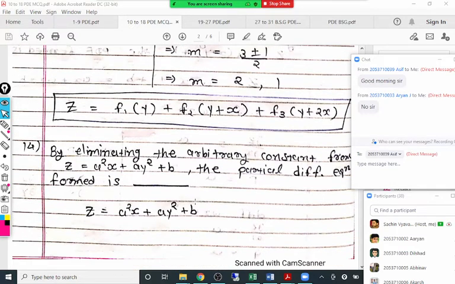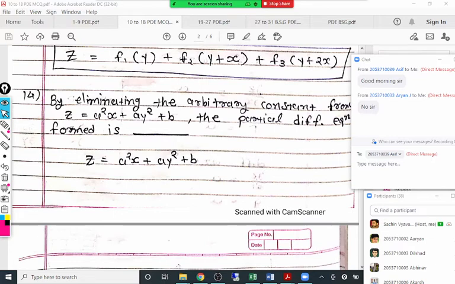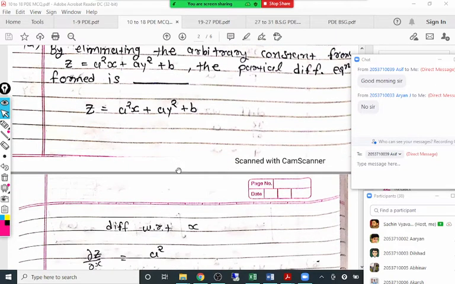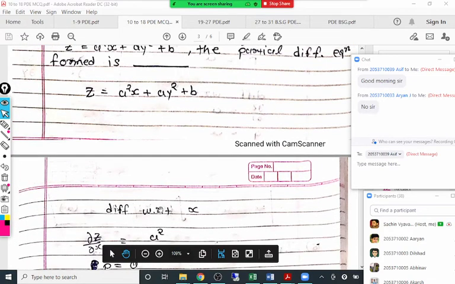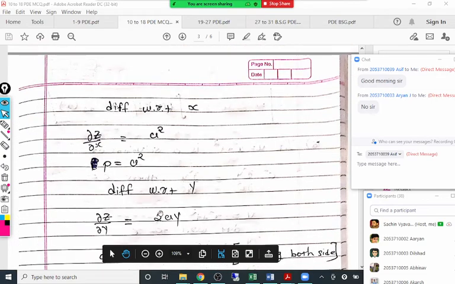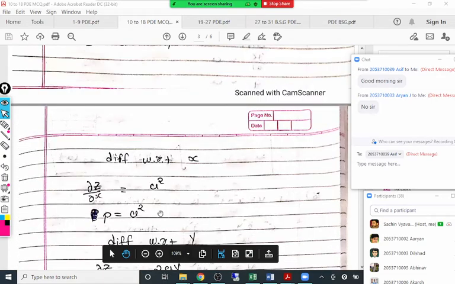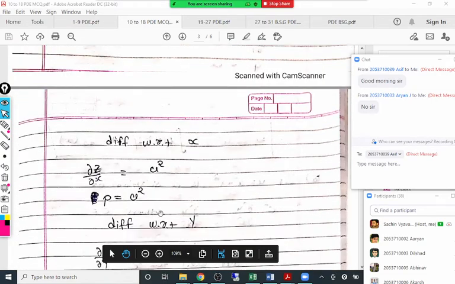Good. Now by eliminating the arbitrary constant, the differential equation we want. So how many constants do we have here? A and B again. So to eliminate the two arbitrary constants, we get a first order PDE. Let me see here. Dou z by dou x is coming as a square, and dou z by dou y is 2ay, correct?